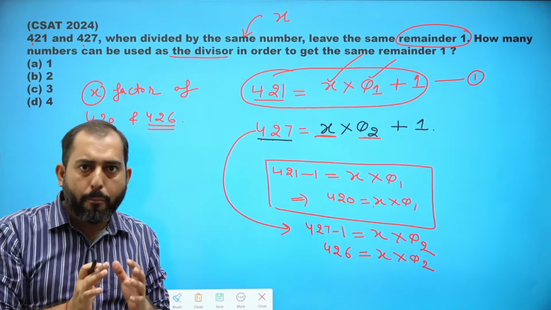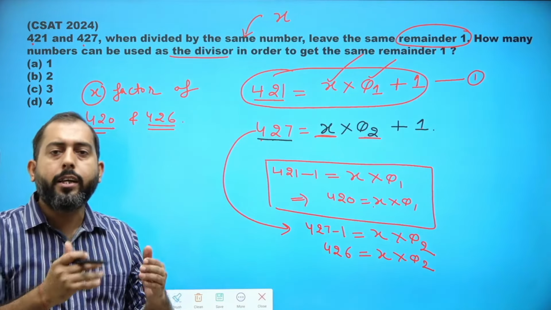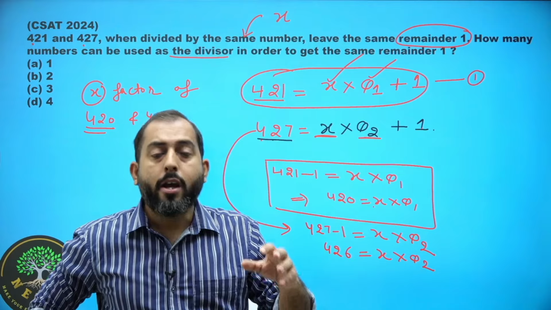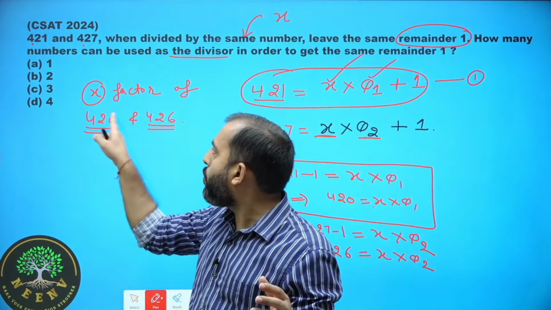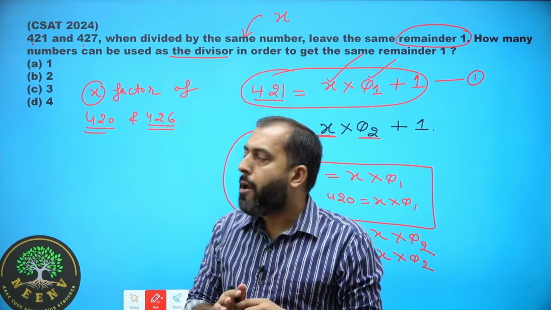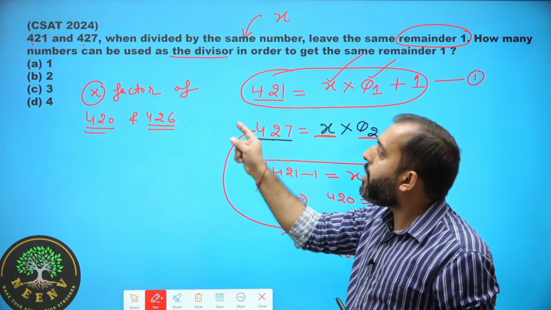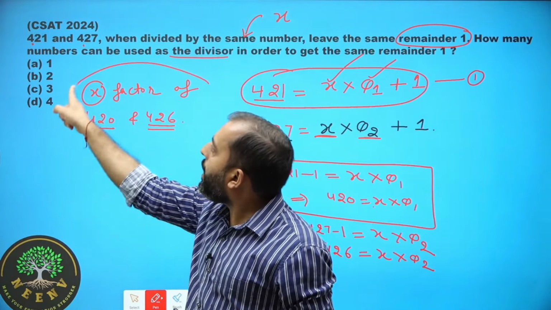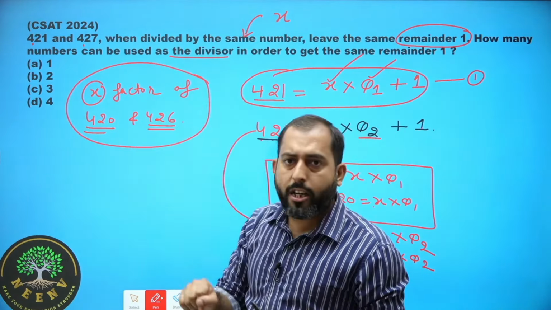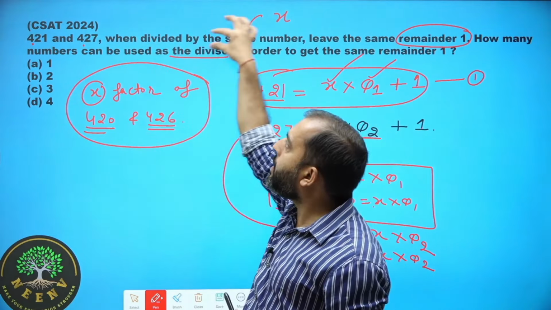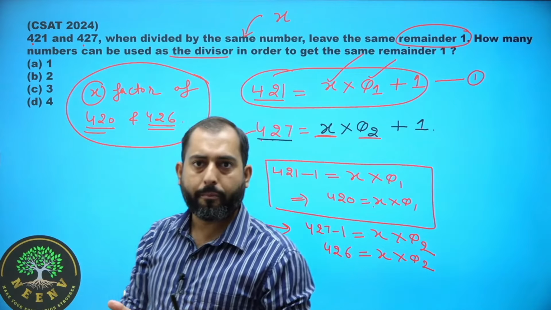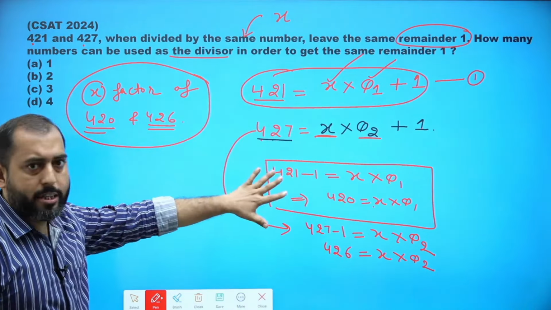I hope this point is clear. So basically the number that we are looking for is a common factor of 420 and 426. Actually, there is no need to write down all these steps. You can directly arrive at this conclusion just by reading these statements carefully. Okay, so I'm erasing this part.